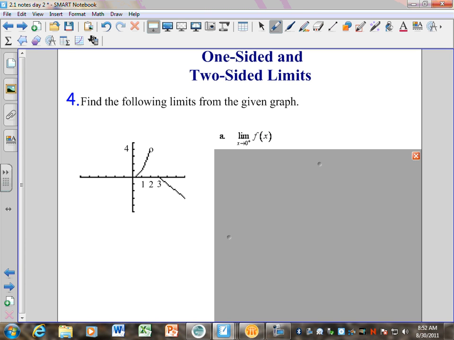So remember what a limit means. You have to go back to thinking about that now that we're looking at one-sided limits. We're saying what is happening as we're getting closer and closer to that point.